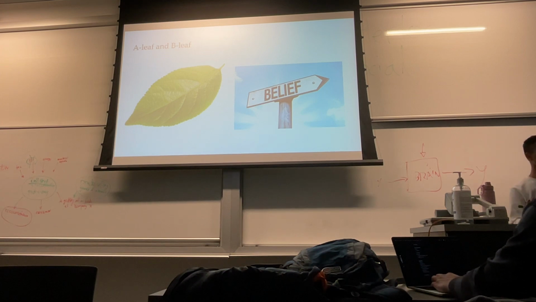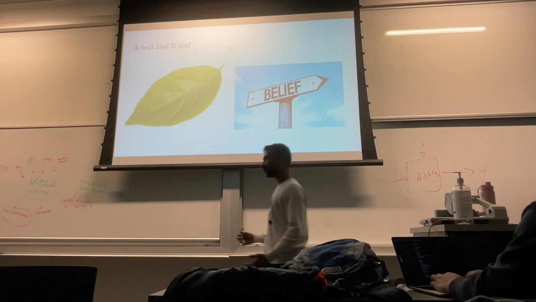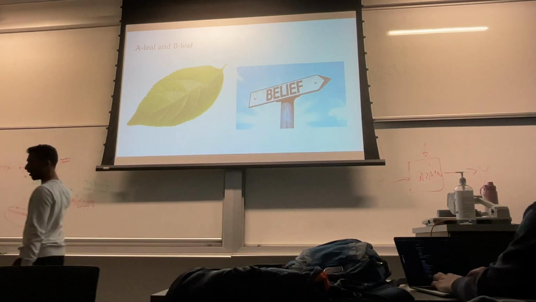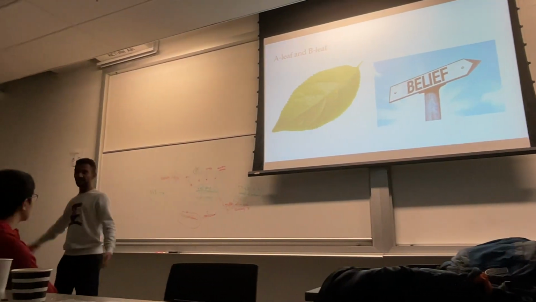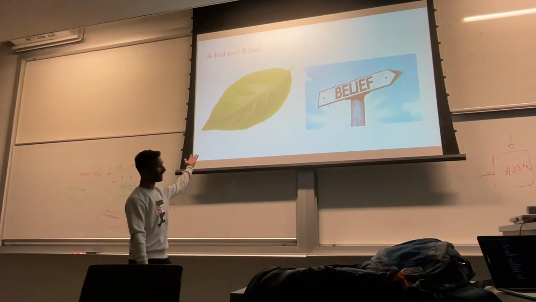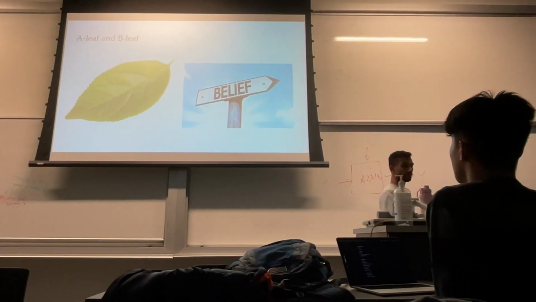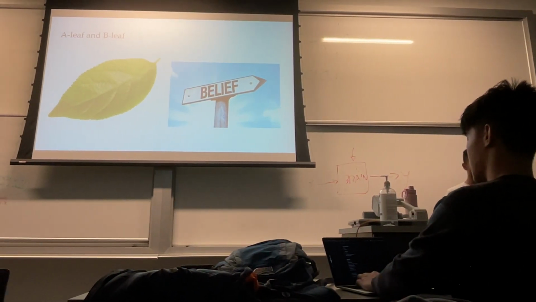If you're familiar with System 1 versus System 2 thinking, there's a lot of overlap with that. If you see a lion in the woods, you don't have to conceptualize, you don't have to draw on your inner model of the world explicitly to be scared. You just are scared. So that's an A belief. But a B belief is the intellectualized or rationalized reason for why you fear it.